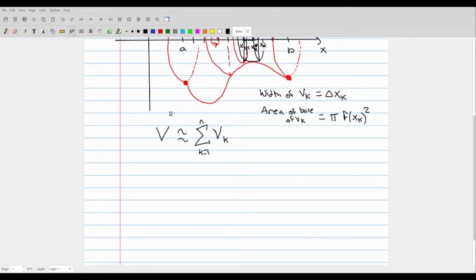And this is actually all the information we need to get a correct Riemann sum here. Specifically, we take our approximation Riemann sum, this is Sn.